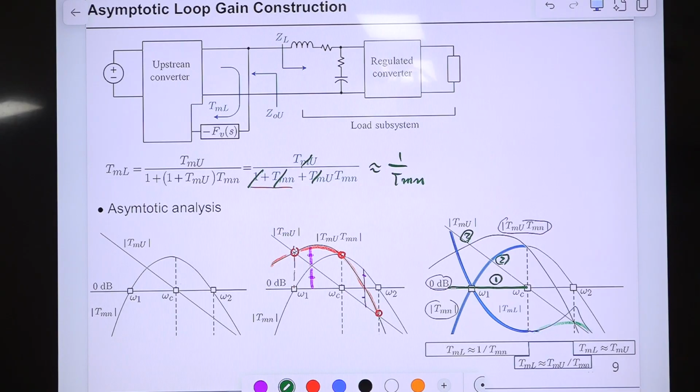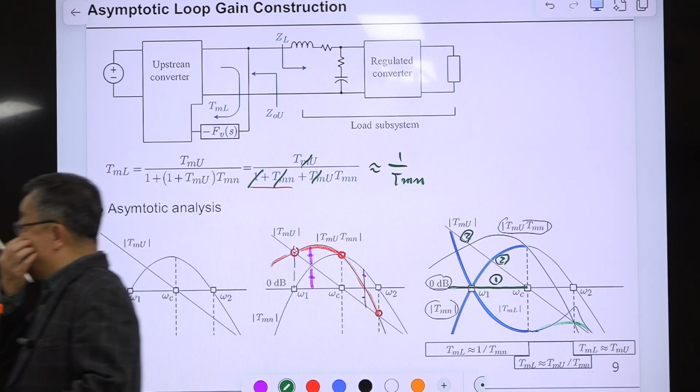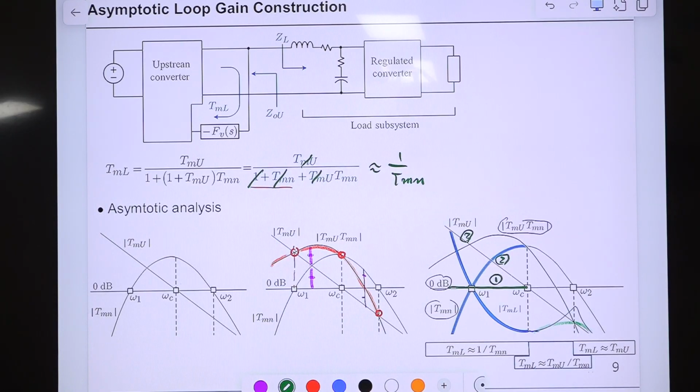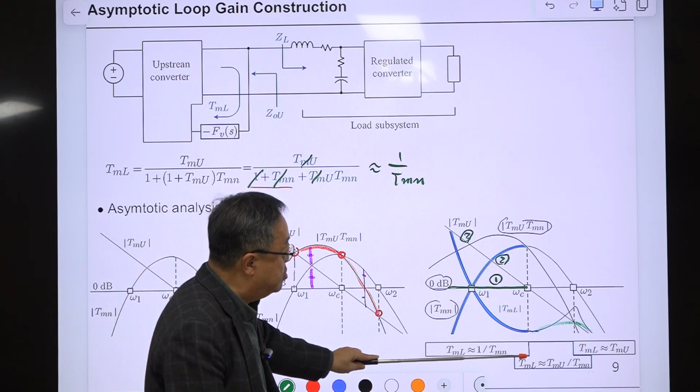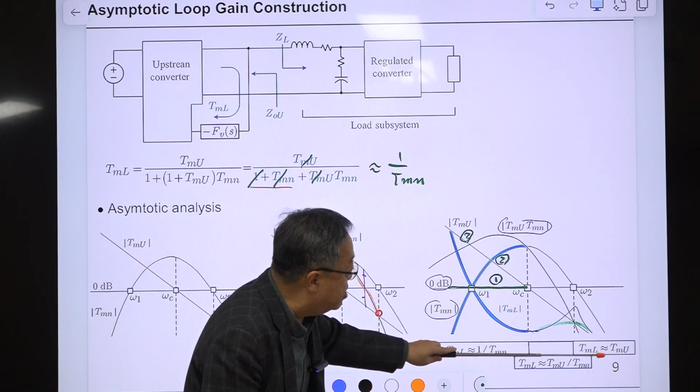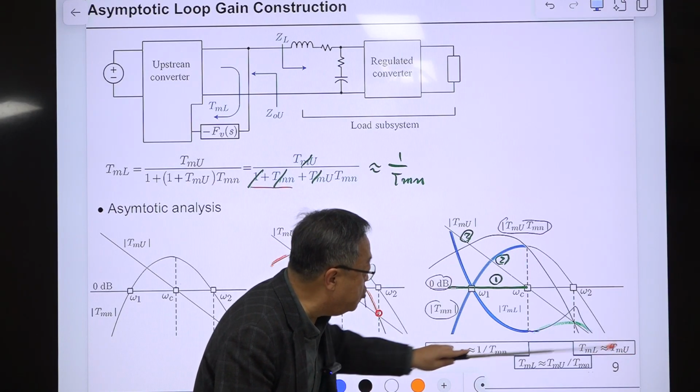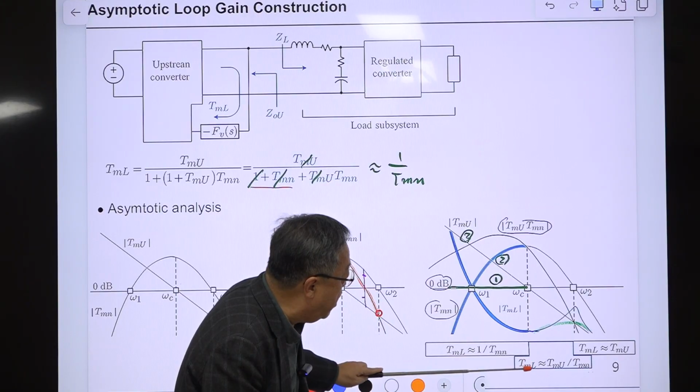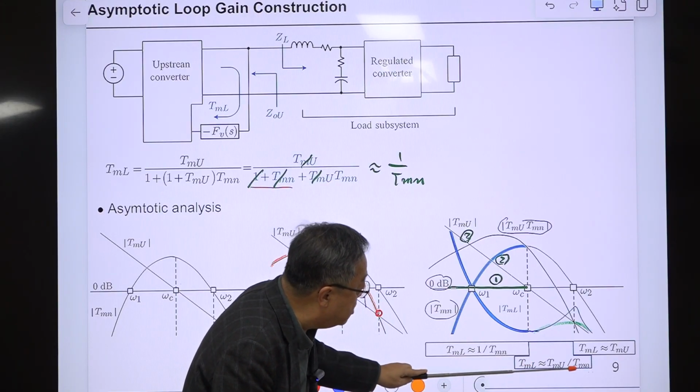So this is the result of the asymptotic construction of this loop gain with load impedance connected. So in this frequency range, the expression is this. After this, TML is very similar to TMU, and in between TML is TMU divided by TMN.